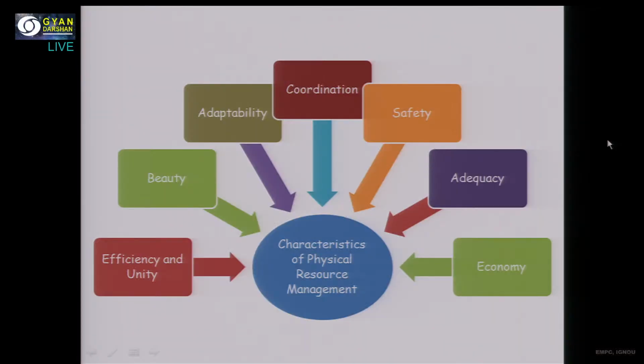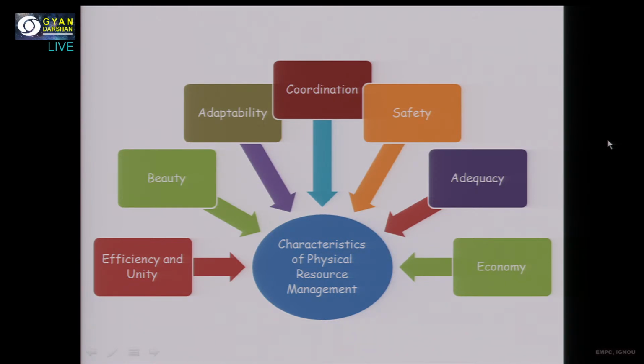Then we can see the characteristics of physical resource management. There are different characteristic features when we think of physical resource management. The first one, economy, then adequacy, safety, coordination, adaptability, beauty, efficiency, and unity. These are the different characteristics of physical resource management.